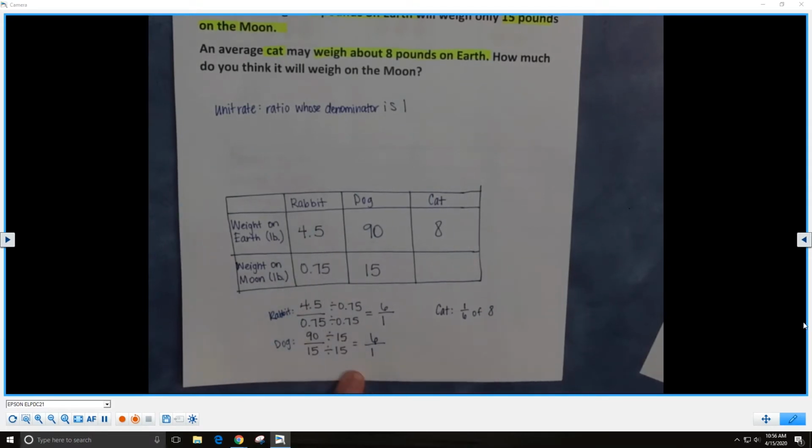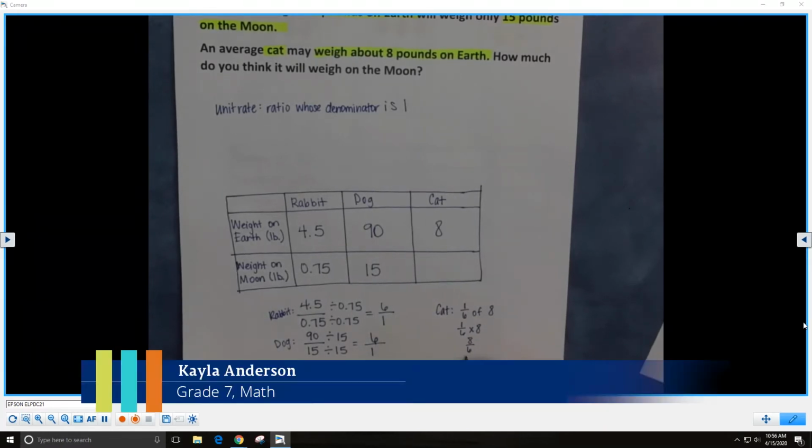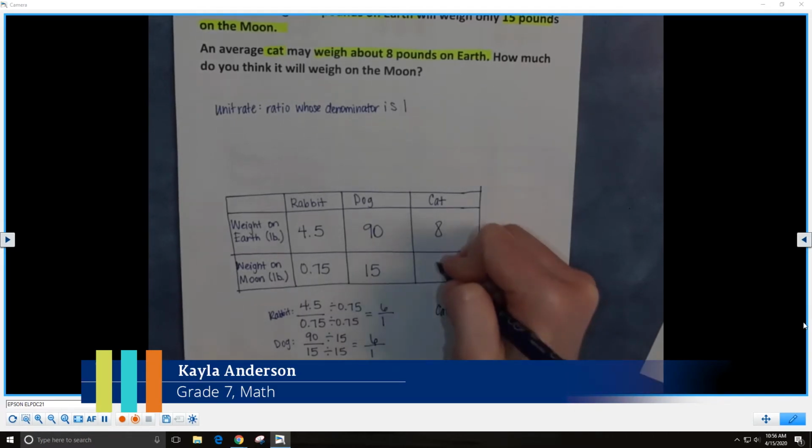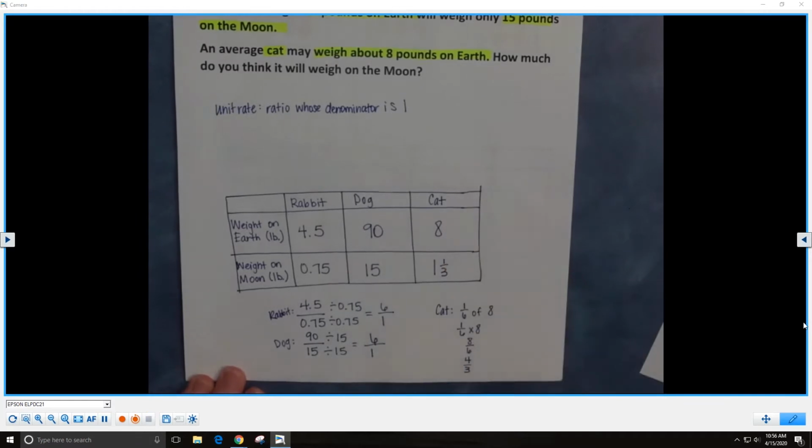So if we find 1/6 of 8, we'll have the cat's weight on the moon. Well, 1/6 of 8 is 1/6 times 8, which is 8/6, or 4/3, which is the same as 1 1/3. So the cat will weigh 1 1/3 pounds on the moon.